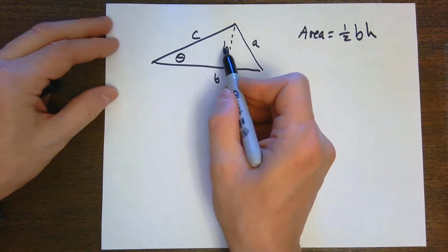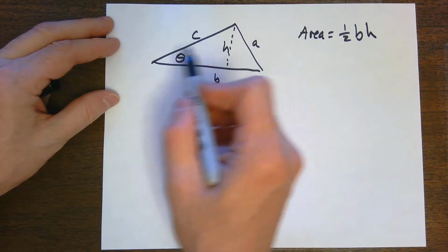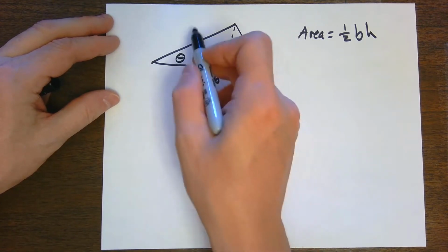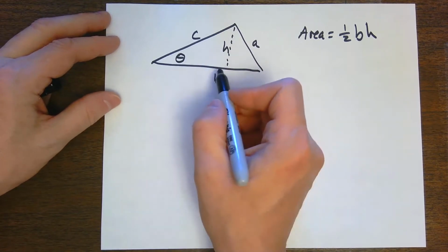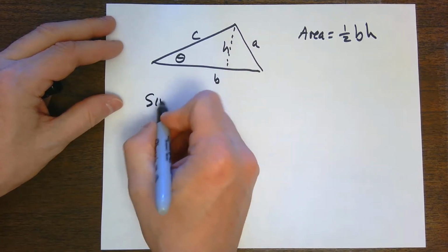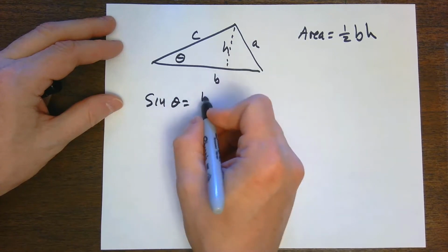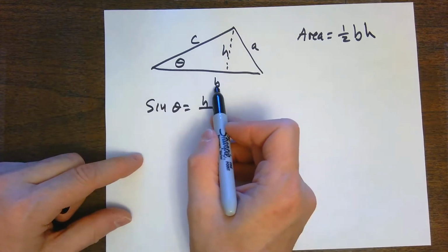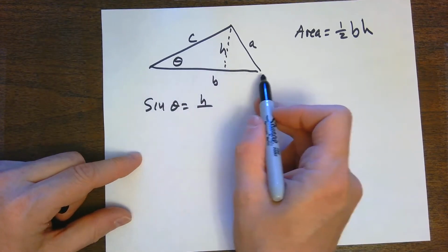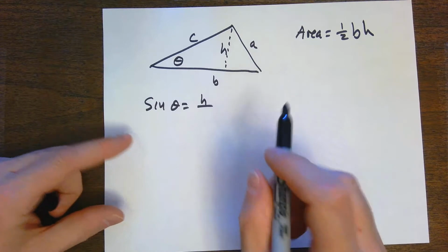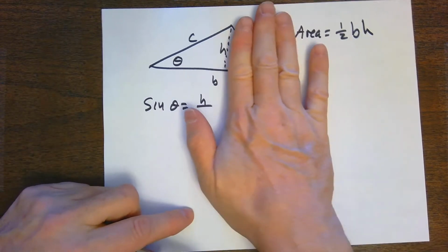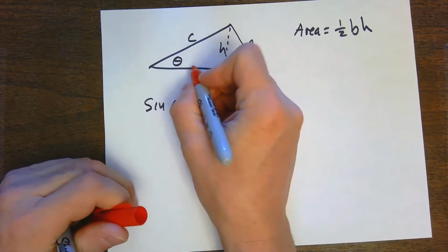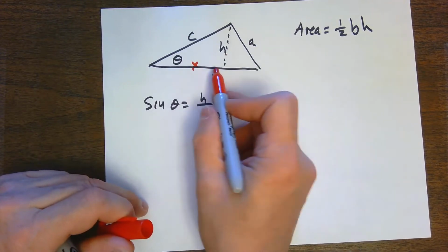The height, I can find just by knowing this angle and these two side lengths, because the sine of any angle is the opposite over the hypotenuse. Now be careful, this b is the whole side length there. But to find this height, I have to ignore this part right here, so I'm really just talking about this part, which I'll label with a little x.